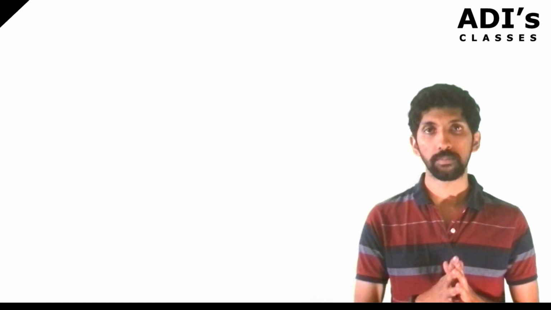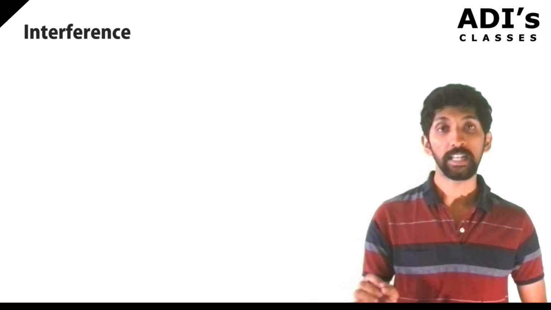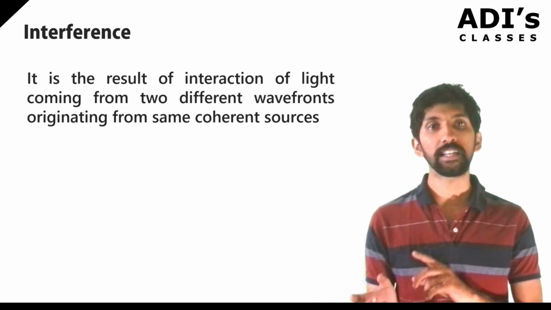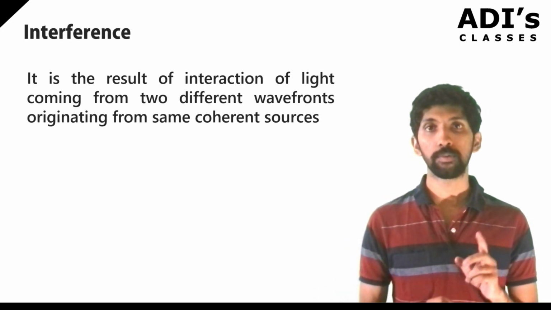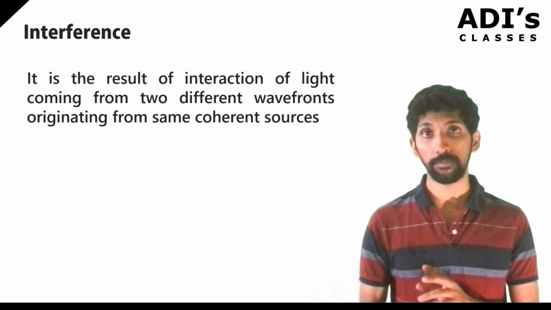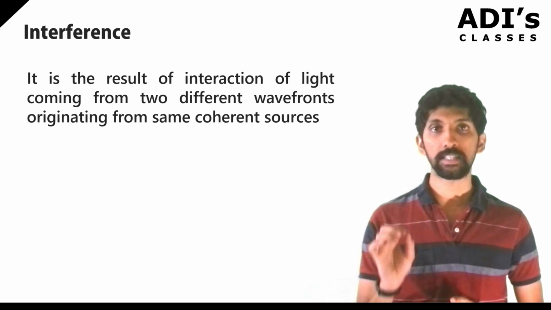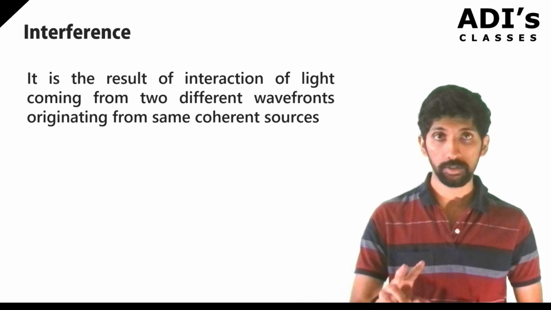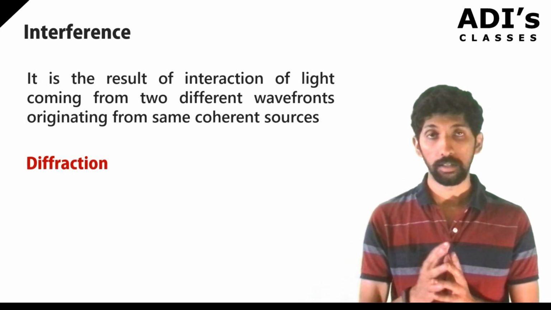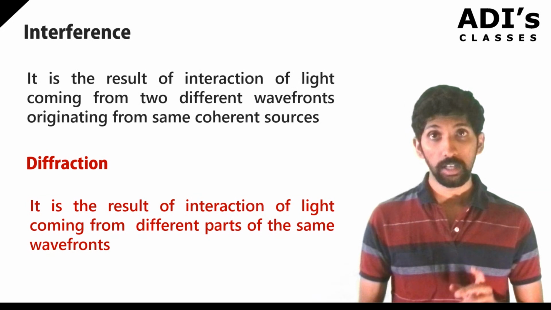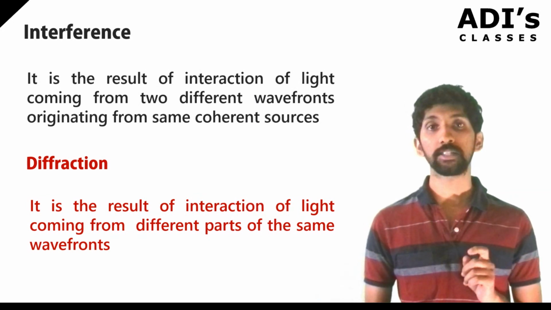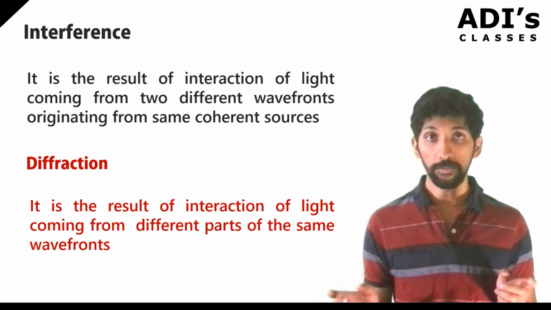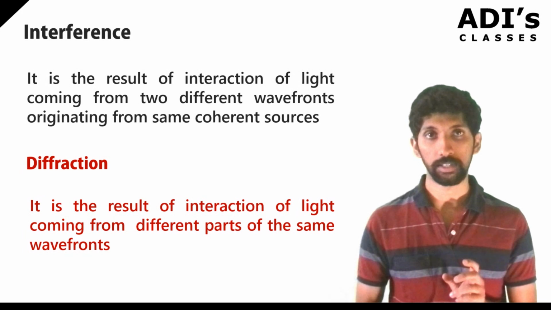See the first difference. Interference is a result of interaction of light coming from two different wavefronts originating from the same two coherent sources, correct? So basically we have two coherent sources, from the same thing it's coming. Whereas diffraction is the result of interaction of light coming from different parts of the same wavefront.